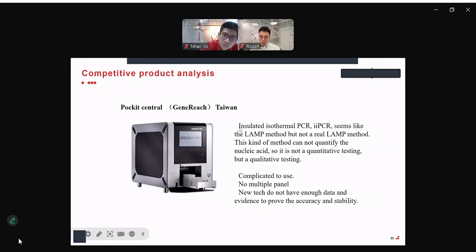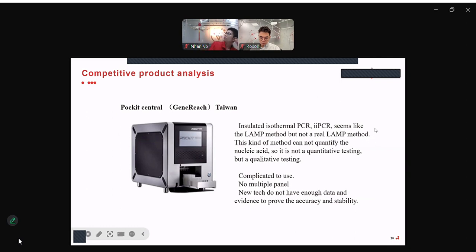It is called isothermal PCR, IIPCR. This method seems like the LAMP method because the amplification temperature does not change, but it is not actually a real LAMP method.